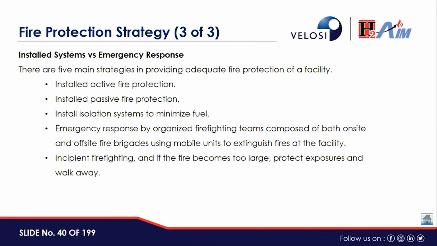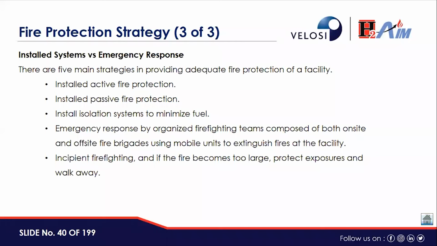So this is about the installed systems versus the emergency response. There are 5 main strategies in providing adequate fire protection of a facility. It involves installation of active fire protection and installation of passive fire protection. We will discuss active fire protection and passive fire protection in detail in the upcoming slides.